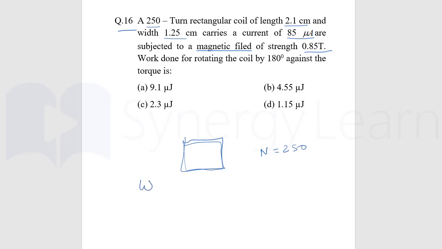So the work done by the external agent is the change in potential energy. Obviously all the options have a positive sign, so you need not worry about whether it is positive or negative. Just concentrate on the value of the change in potential energy, which is equal to MB minus (minus MB), because if you have positive potential energy on one side, then we will have negative potential energy when it is turned by 180 degrees.